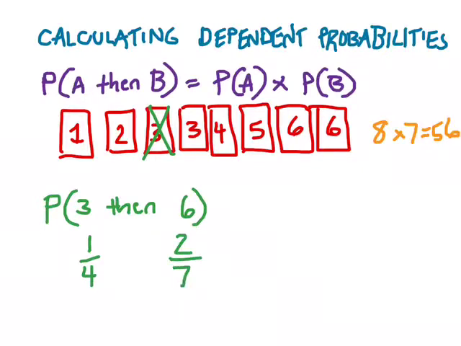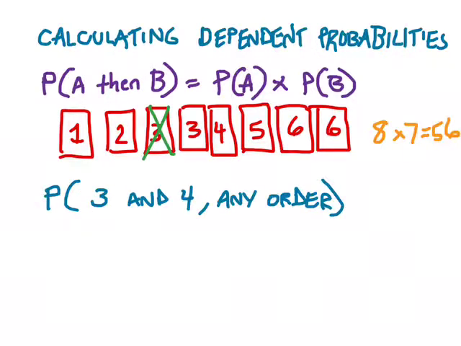Again, keeping in mind I don't have 8 cards anymore. I imagine I pulled one. So the 6 has a 2/7 probability of being pulled. Then "then" means multiply. So I'm going to multiply these together. 2/28ths reduces to 1/14, and that's the probability of pulling a 3 then a 6.